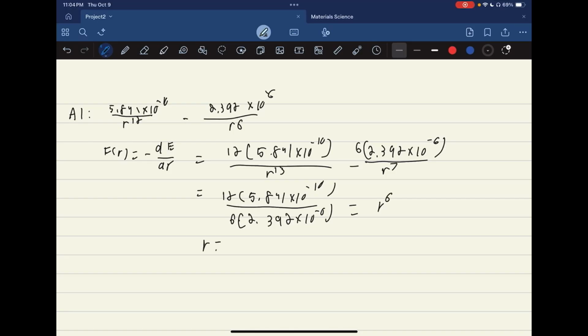So then R would equal 2.735 nanometers. And that R is R naught.